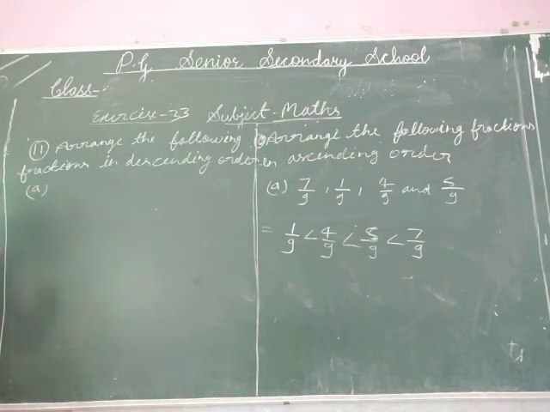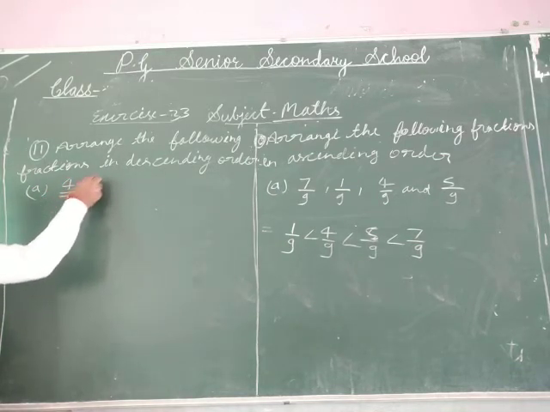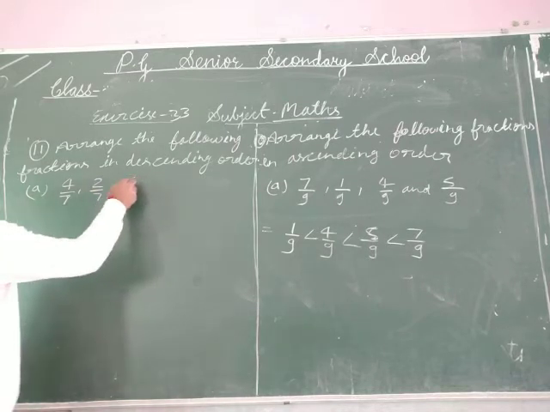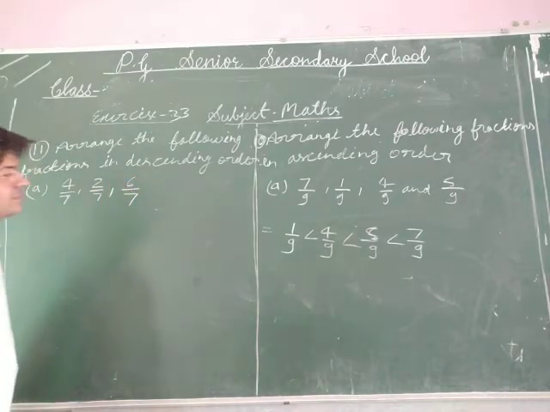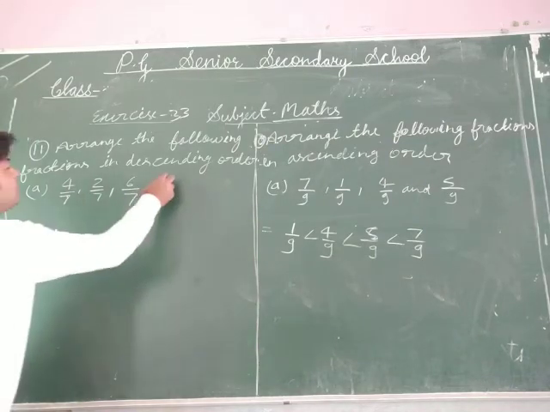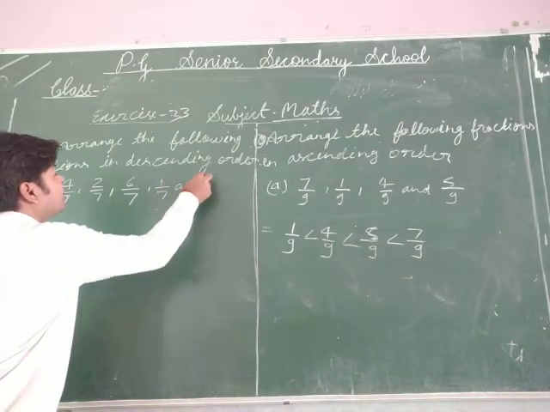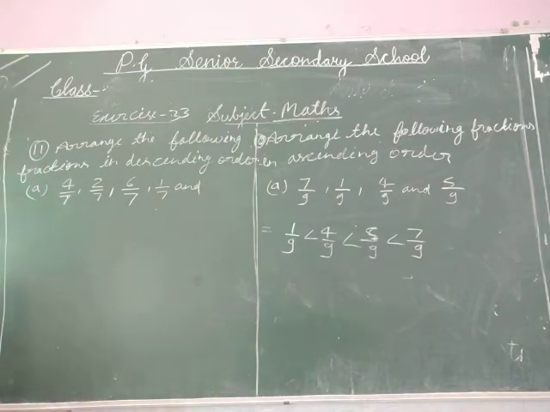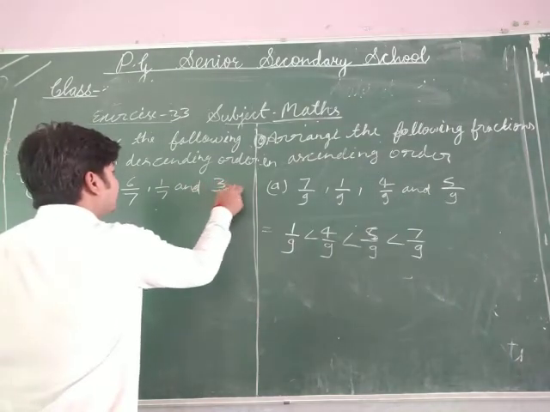What is the fraction? 4 upon 7, 2 upon 7, 6 upon 7, 1 upon 7 and 3 upon 7.